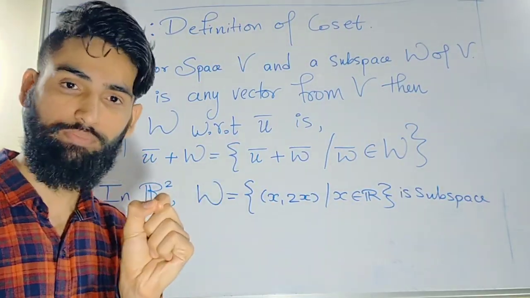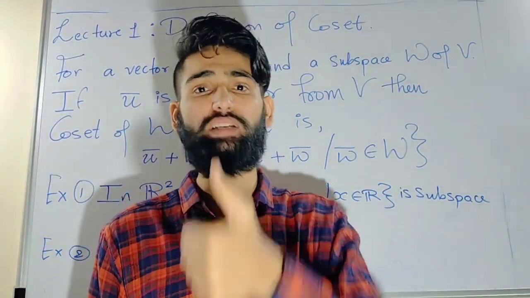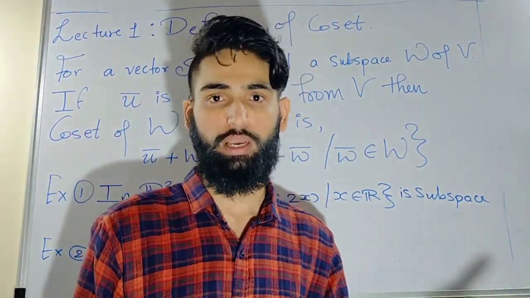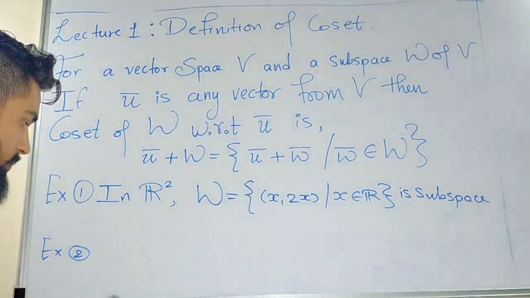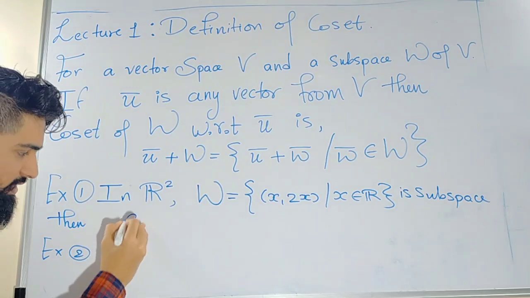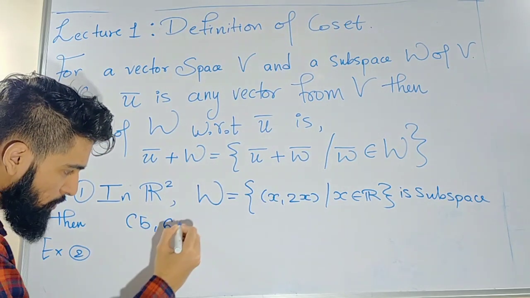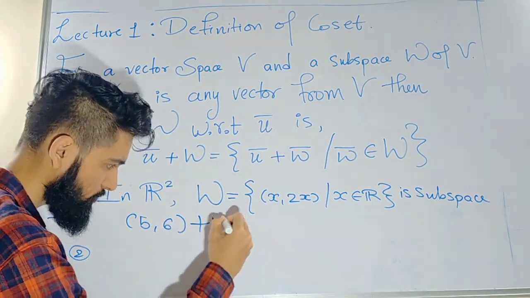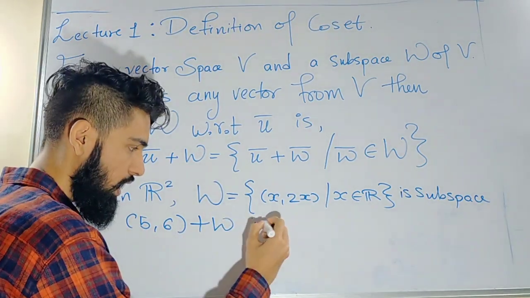I want the coset. To define a coset, you must have a subspace first. So I have W as a subspace, then I consider (5, 6) plus W. This is a coset.